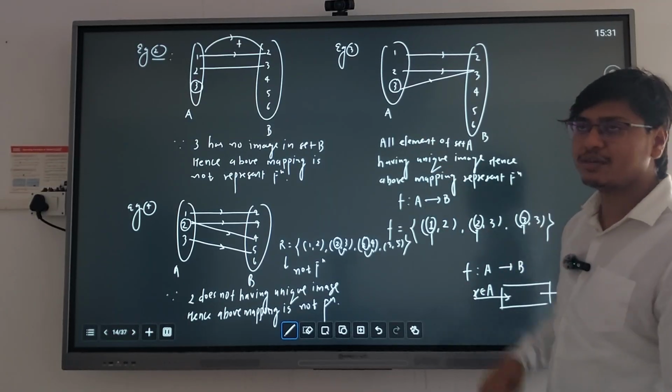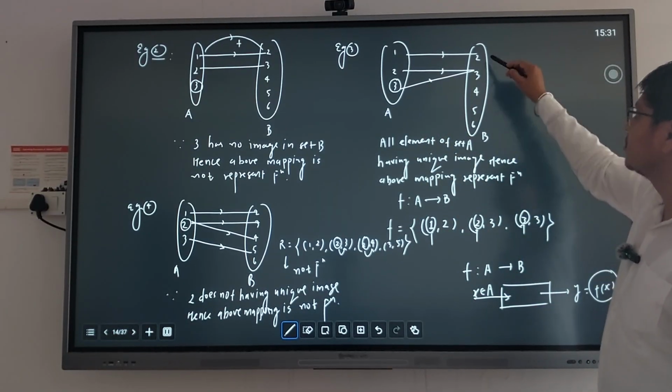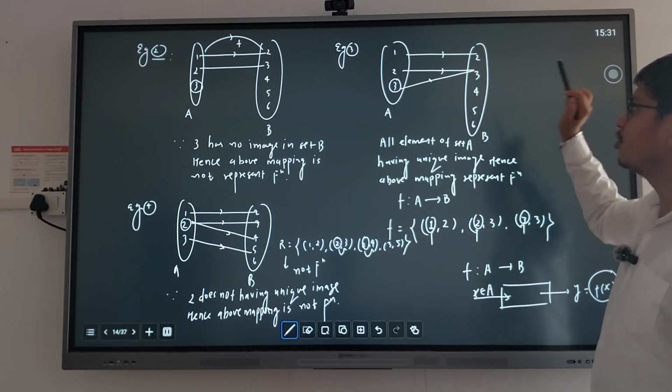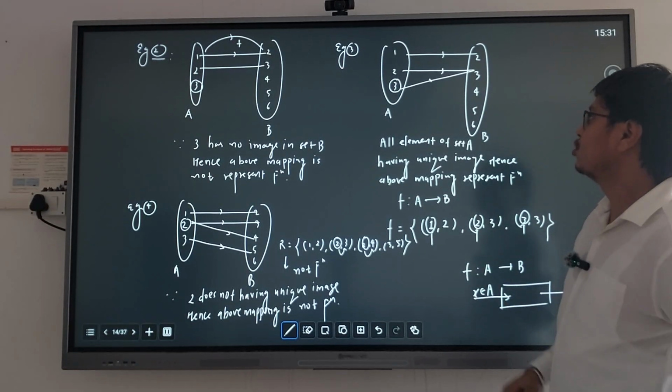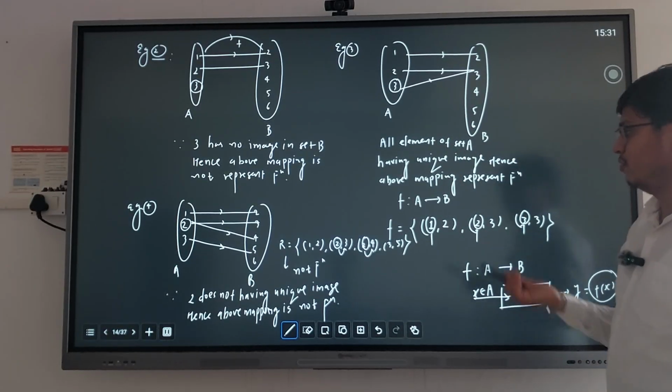We take another example, where set A has the elements 1, 2, 3, and this is the distribution of the elements of set A in B. So in this mapping, is this a function? We can check.